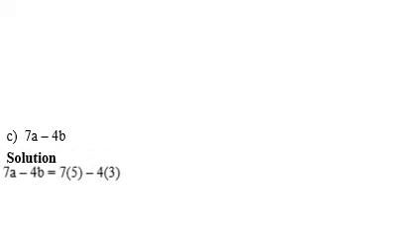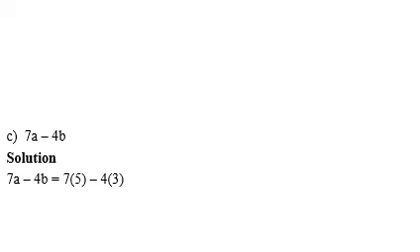Okay, part c says 7a minus 4b. You know the value of a is 5 and the value of b is 3, so just substitute there. In the solution, 7a minus 4b is equal to 7 into bracket 5, minus 4 into bracket 3.